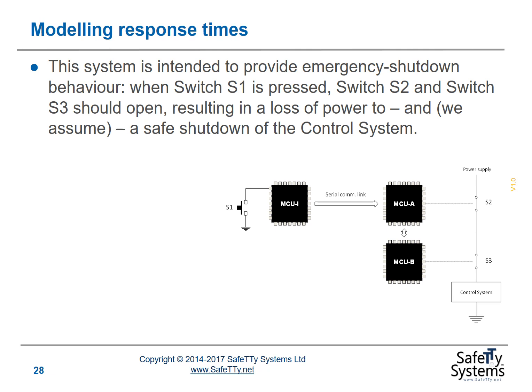When switch 1 is pressed, switch 2 and switch 3 should both open, resulting in a loss of power to, and we assume, a safe shutdown of the control system. As long as either S2 or S3 is opened in response to the pressing of S1, then the control system will be shut down. So we have some redundancy in the outputs.